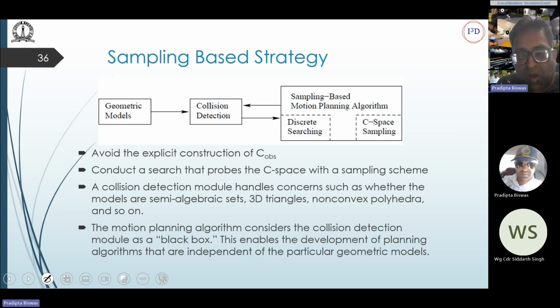And this collision detection will work as a black box. It will not find the exact equation of the half planes or the planes or hyperplanes for a higher dimensional space, but it will just give you the yes no answer of whether your robot can reach a particular configuration or not. And we'll learn the details of that.